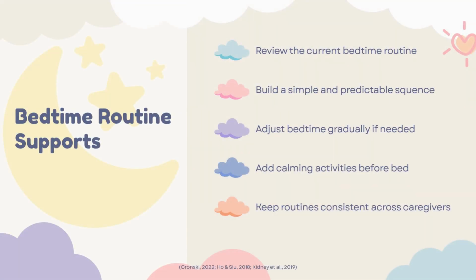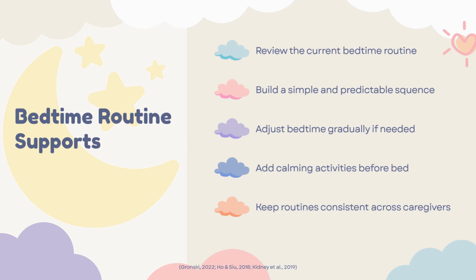From there, we look more closely at bedtime routine supports in practice. This is where we review the child's current bedtime routine. We ask what is already working and where are the breakdowns. From there, we help the family build a simple and predictable sequence that the child can follow each night.